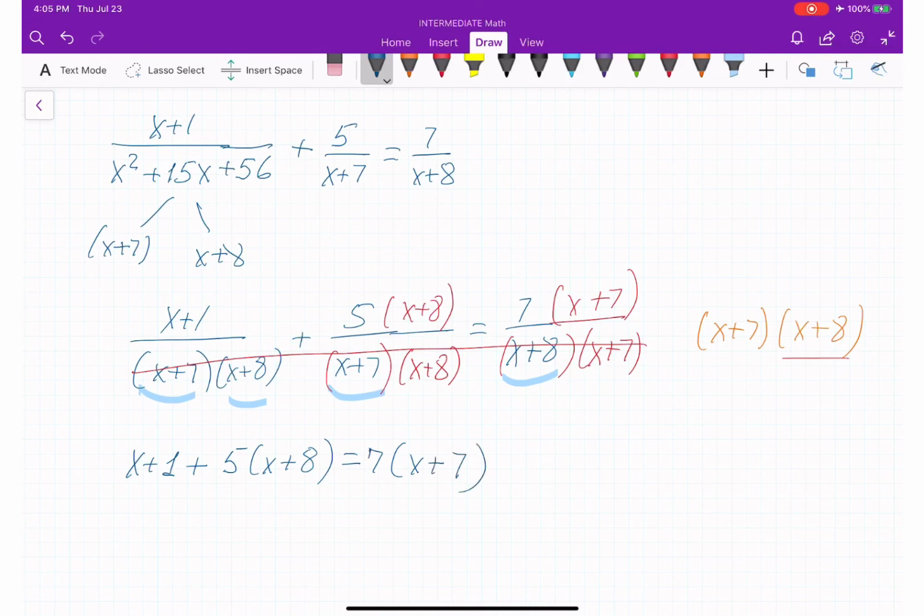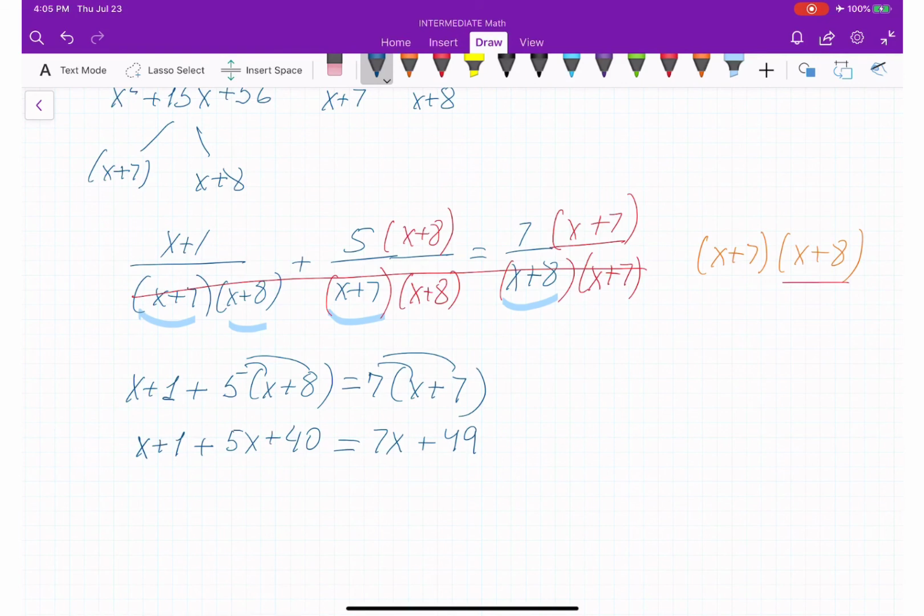Okay, this is going to be equal x plus 1 plus 5x plus 40 equal 7x plus 49.